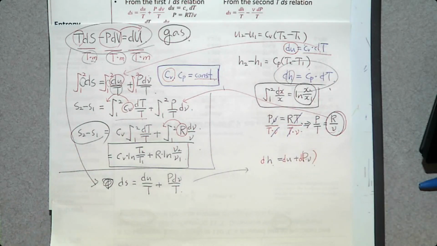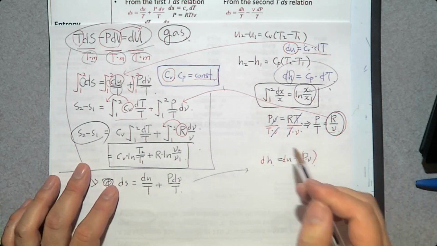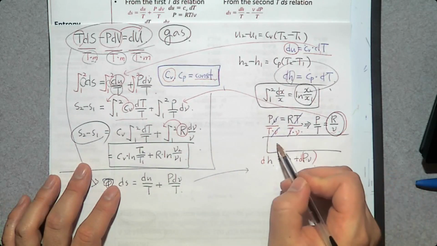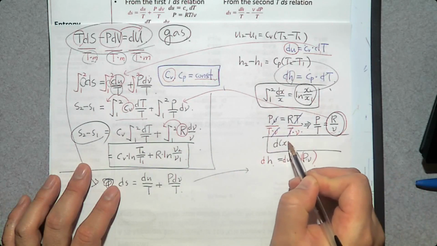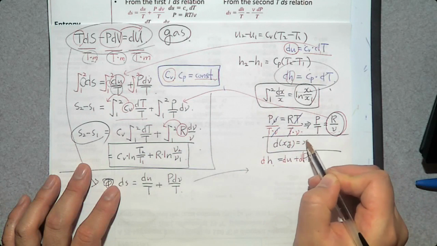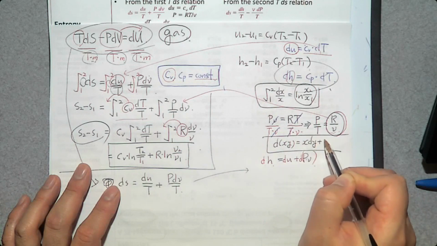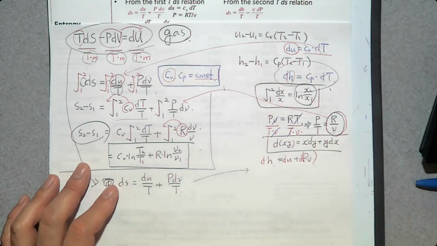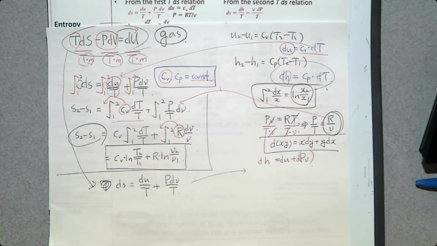Oh, wait. What is d(PV)? Do you know that? If you don't, let me tell you. d of xy is going to be x dy plus y dx. Mathematics. You can memorize that.